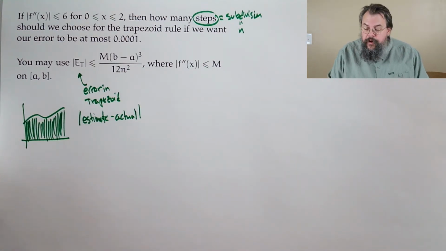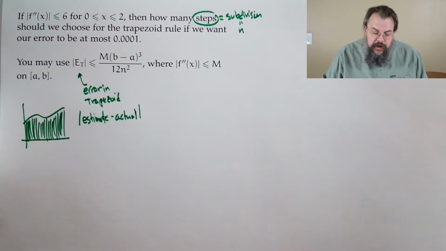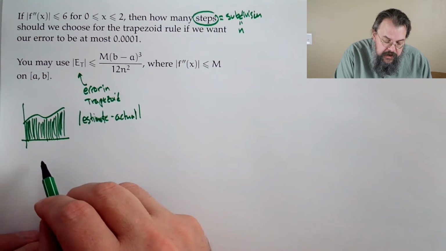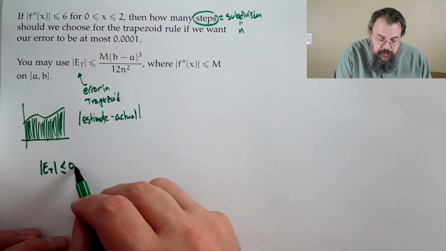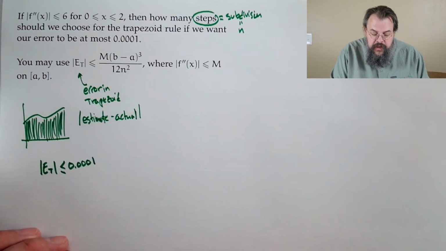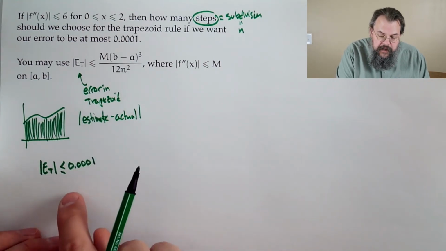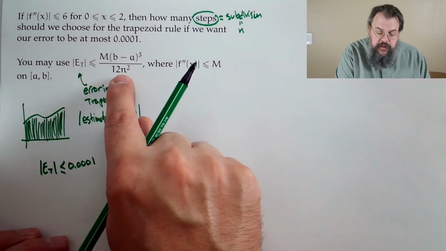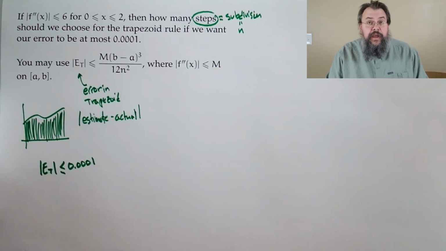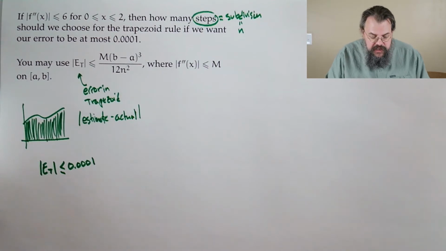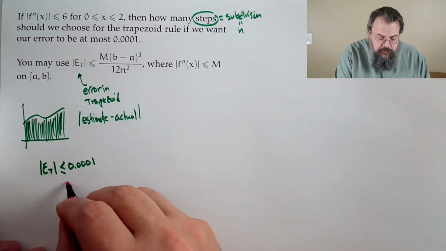So what do we do? Well, we say we want our error to be at most 0.00001. And so we say, aha, we know that this is an upper bound for our error. So we are going to take that expression and just slide it in there.